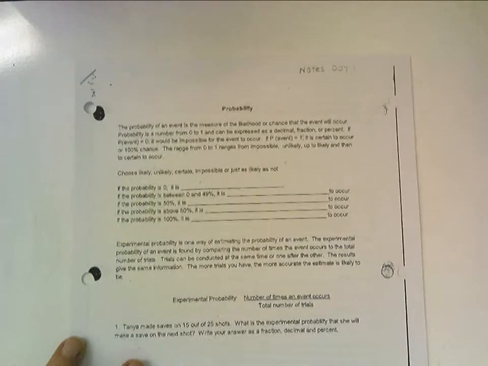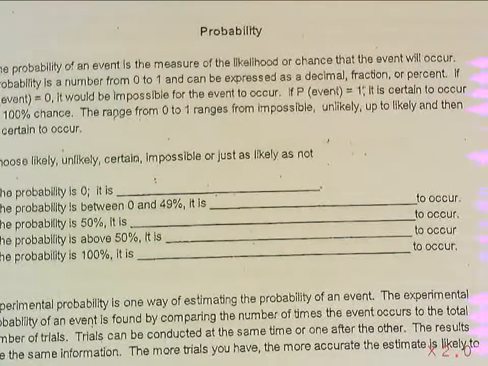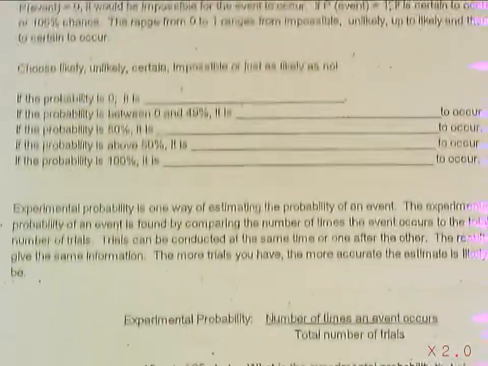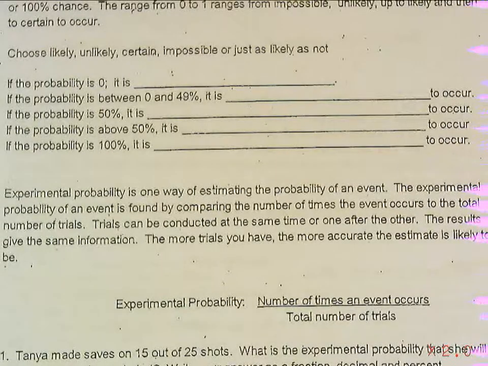Okay, so we're going to look at some probabilities and just use words like likely, unlikely, certain, impossible, or just as likely as not. Okay, so if we look at page 1, if the probability is 0, then it is impossible.